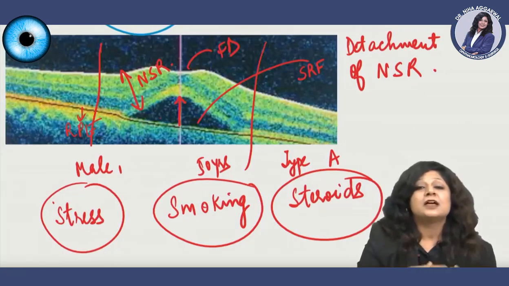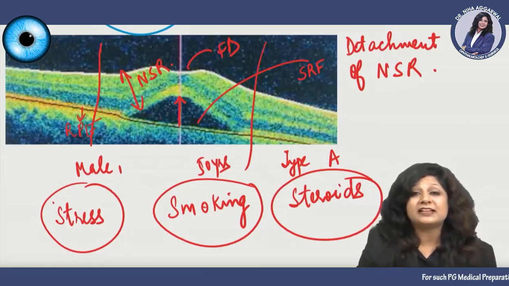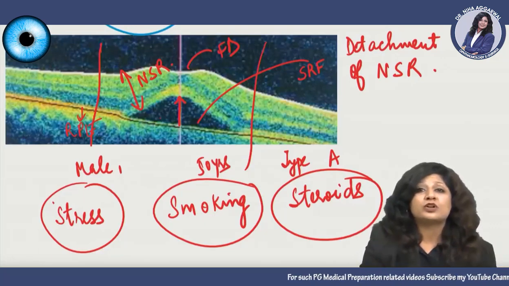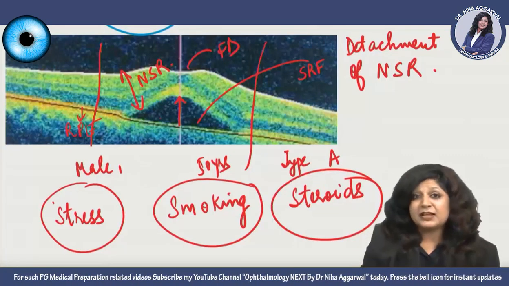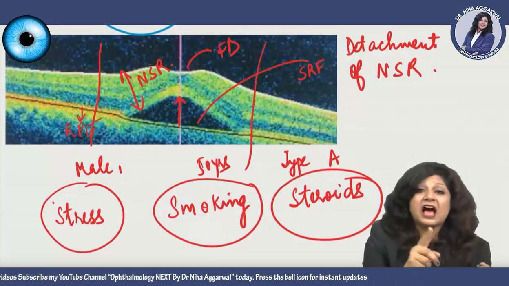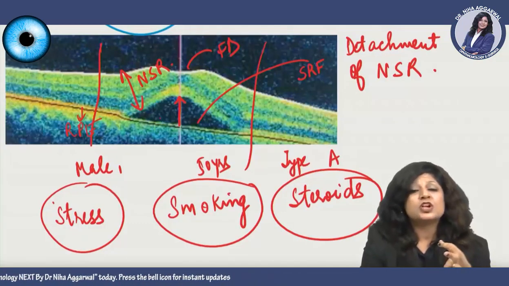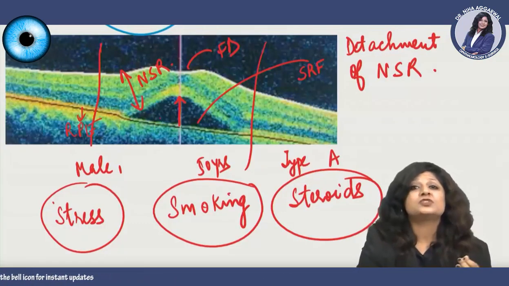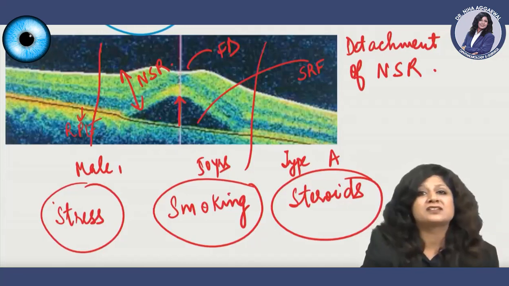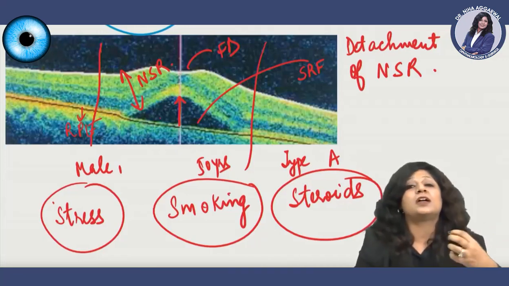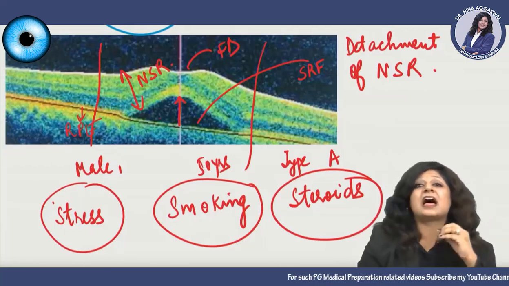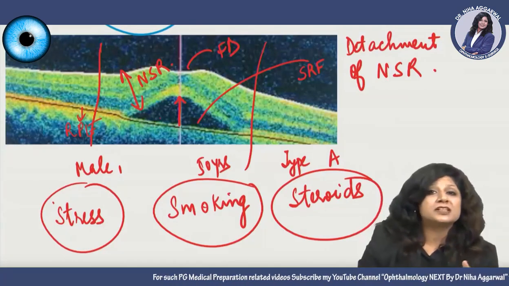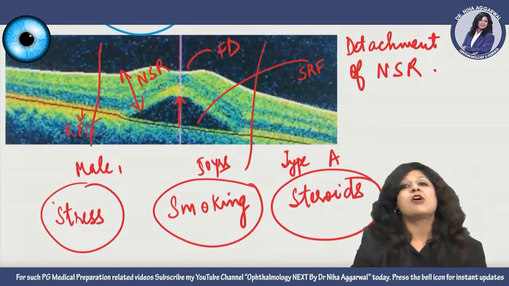The business tycoons who are working in multinational companies, having lot of stress, and their profile demands the stress. They are exposed to smoking and steroids. So all those patients who are having all these factors are those patients in which the CSR is very common. So whenever a question says an IT business executive, a business professional, you can think of CSR.